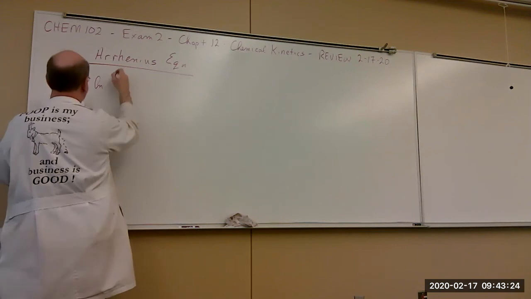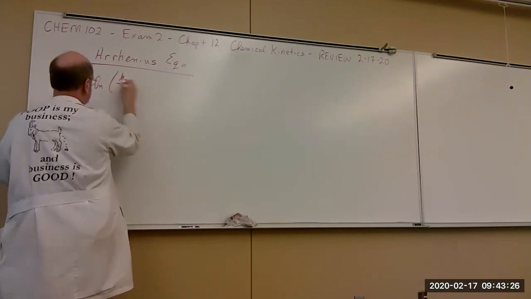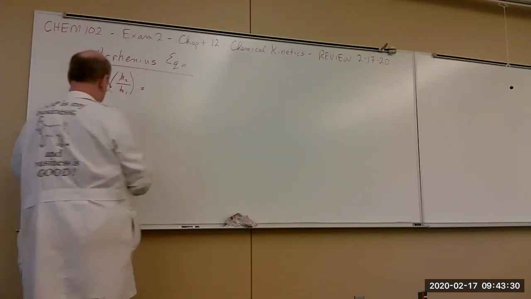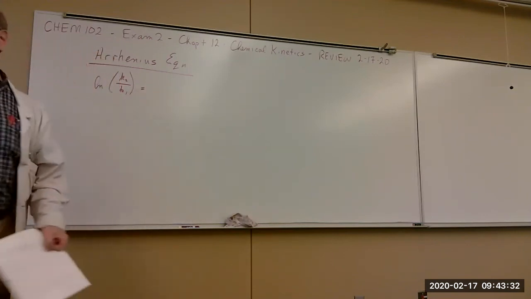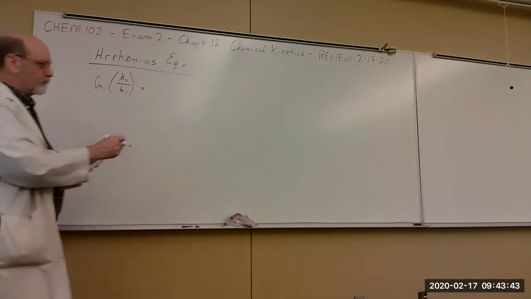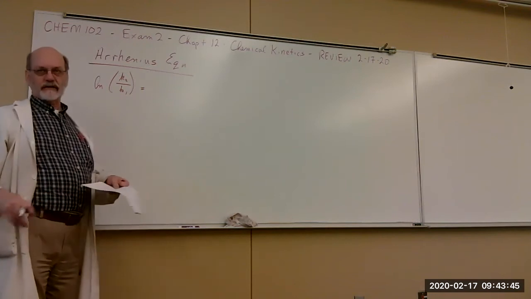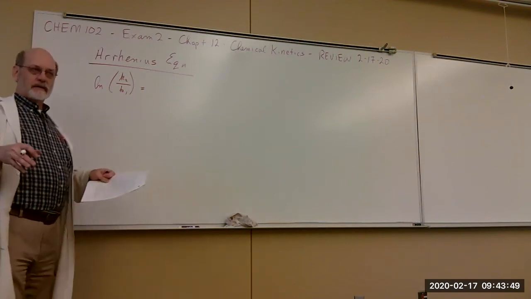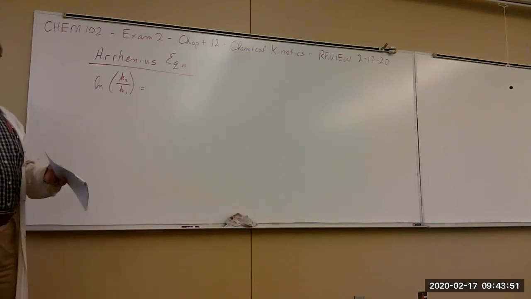Natural log of the ratio of two Ks. So if you got two different Ks, what does that mean? You changed the temperature. As long as the temperature stays constant, the K is constant. Change the temperature, change the K. Why? Because there's a certain activation energy.